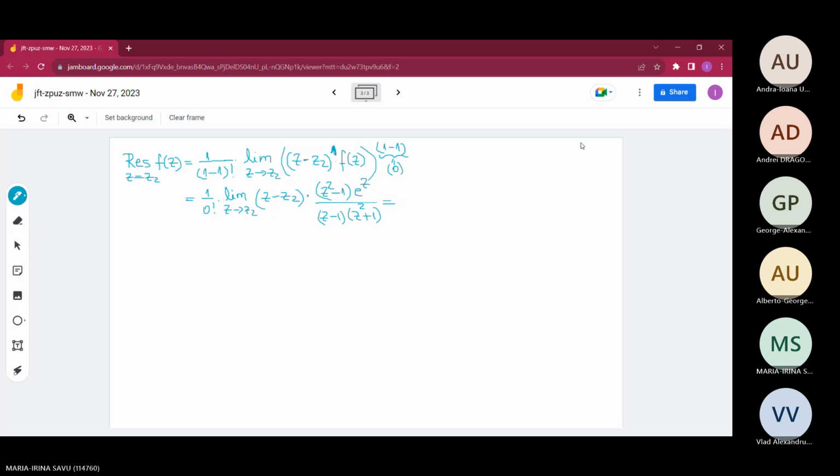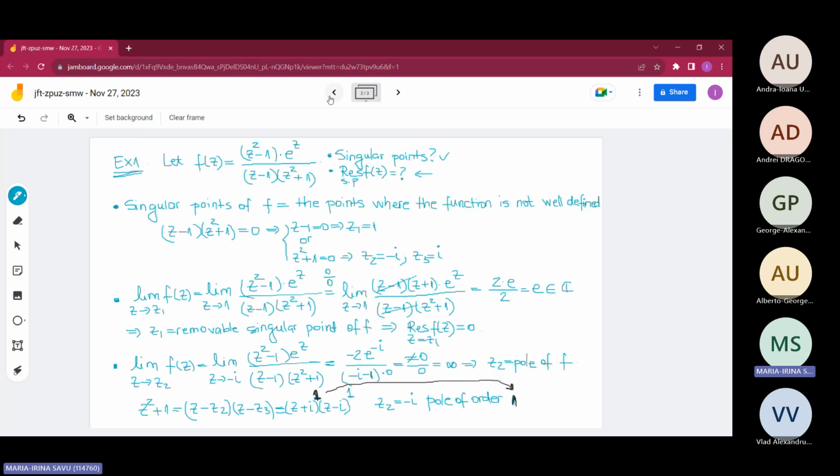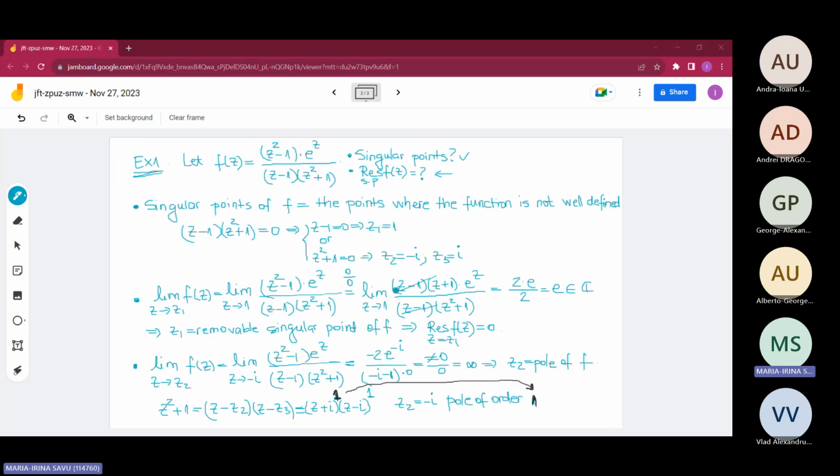But in this case, you have that this is the limit when z goes to z2, which is minus i, of z minus z2, so z plus i, times z squared minus 1 times e to the z over, and here instead of z squared minus 1, you could also write the simplified expression, which is z plus 1, because when we compute the limit, we simplify this by z minus 1, so we get that the function is this one.